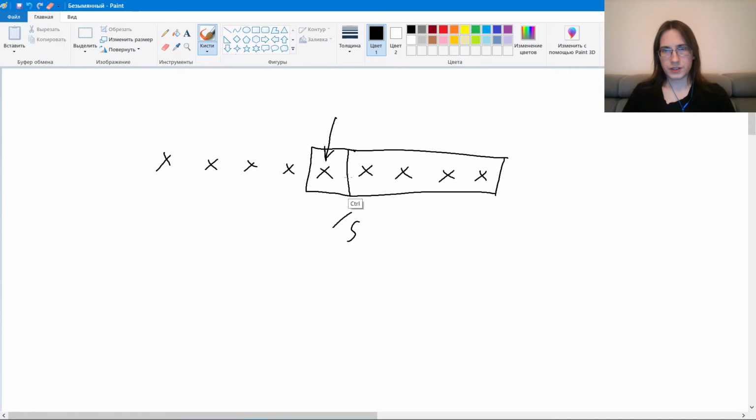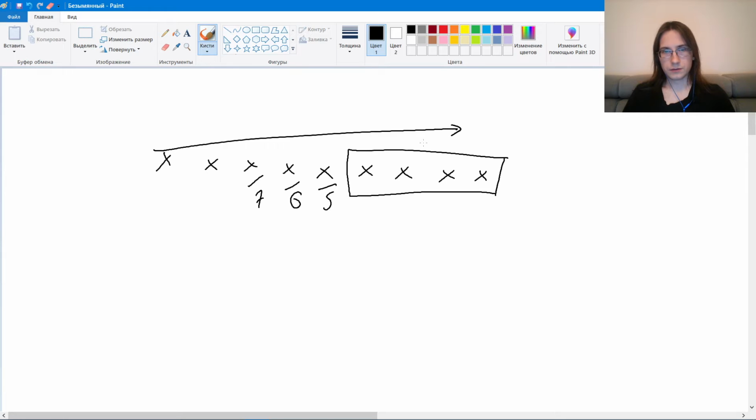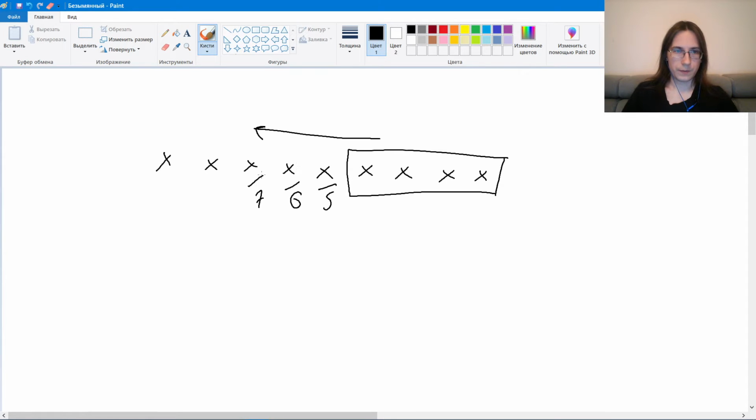So we multiplied our answer by this element over 5. If we want to further extend the suffix, we'll multiply the score by this element over 6. We'll multiply this by this over 7, and so on. As we know that the sequence is non-decreasing from left to right, we know that those numbers will be decreasing as we go further to the left, because those crosses do not increase if we go from right to left, but the denominator increases.